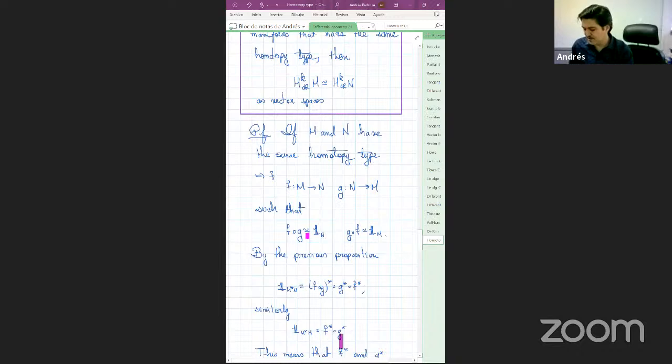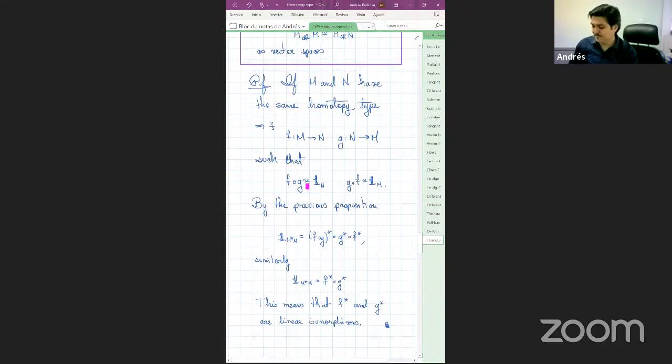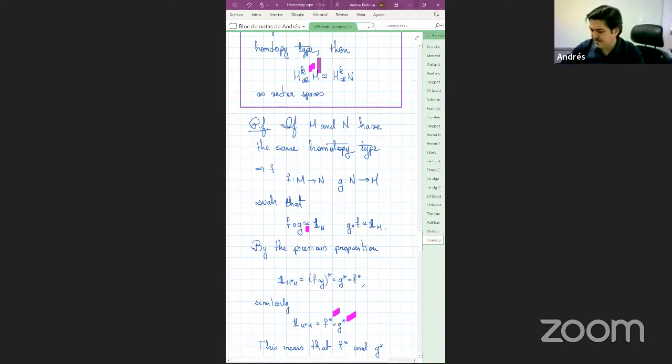The composition the other way, I get the identity in cohomology. So this map and this map are linear isomorphisms. Okay? So this space is isomorphic to this other vector space.